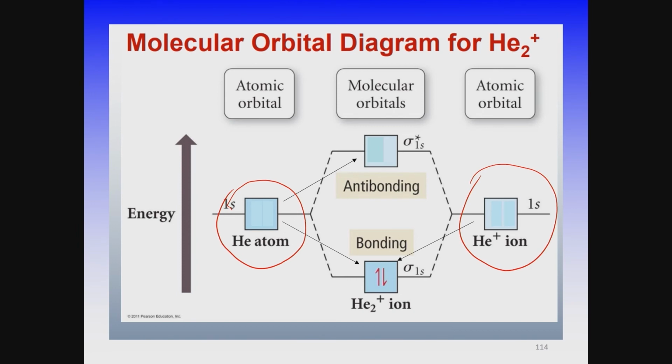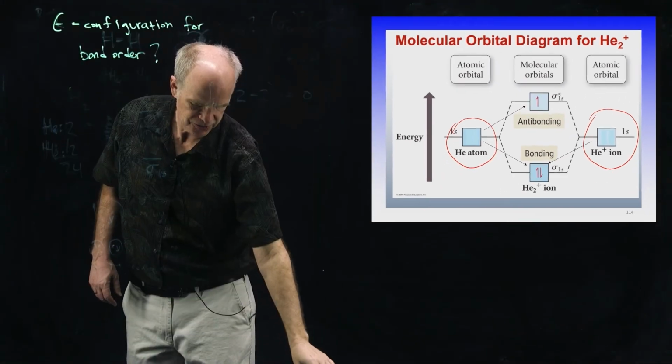You'll note that of the 3 electrons, 2 of them go into the bonding orbital, and the last electron goes into the antibonding orbital. Now I'm going to go back to the light board, and we're going to talk about what we can expect the electron configuration for the helium-2 plus ion to be, and then what the bond order is. So let me work that out on the glass board now.